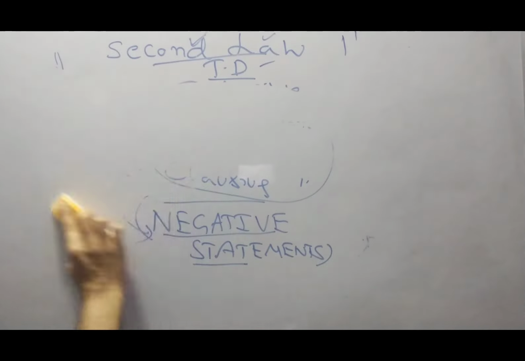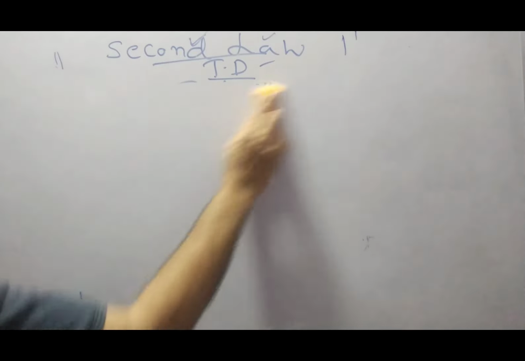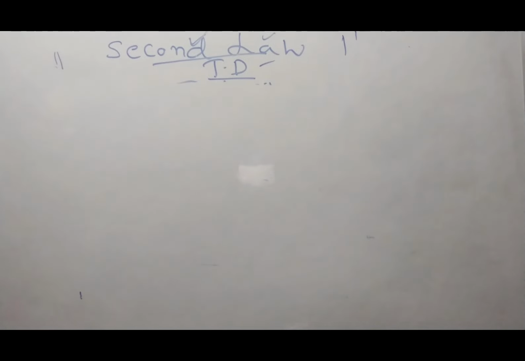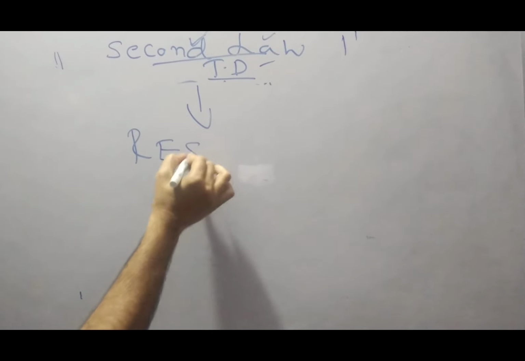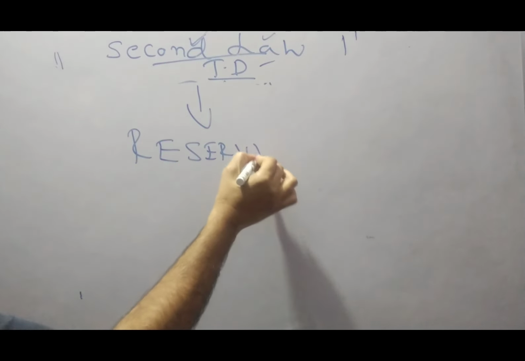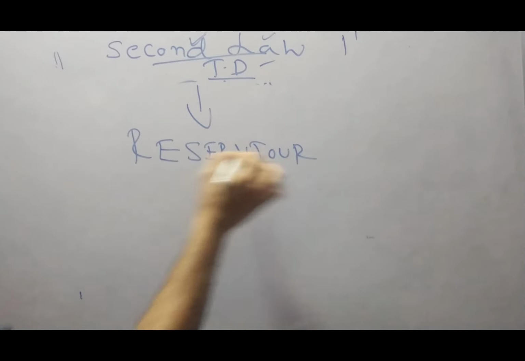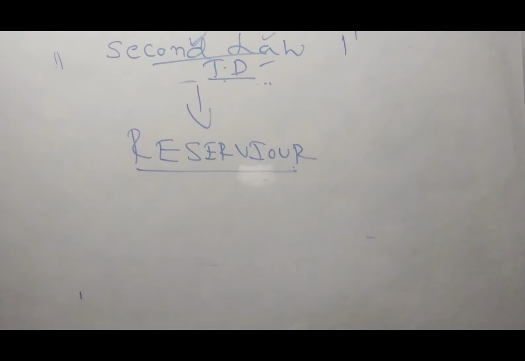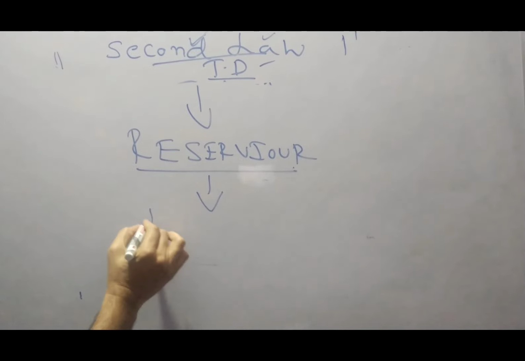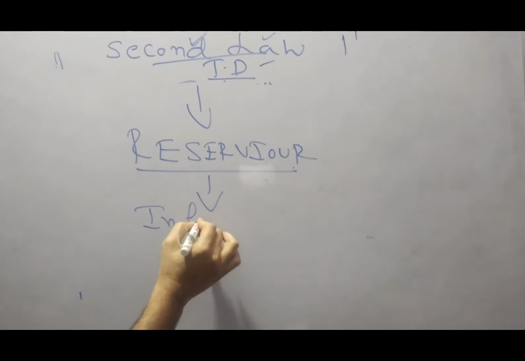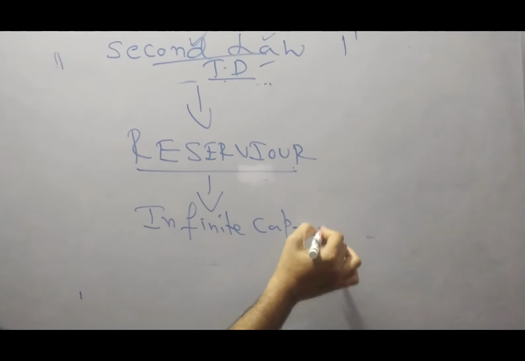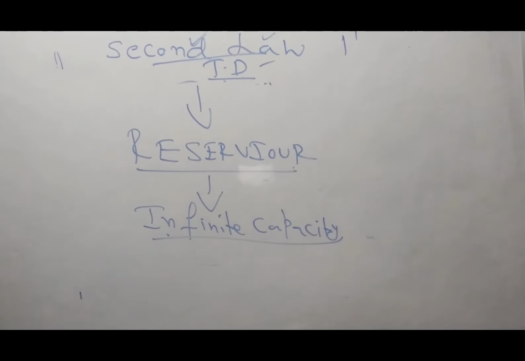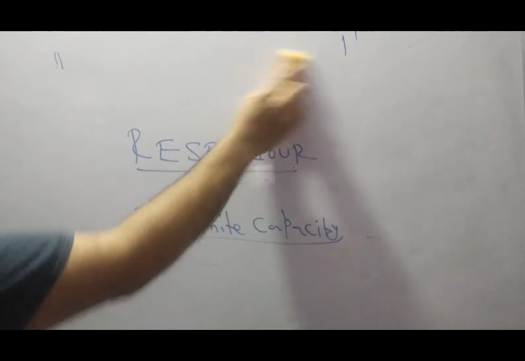To understand the second law of thermodynamics, the first basic thing we have to know is the reservoir. A reservoir is of infinite capacity. What does that mean? I will give some examples.